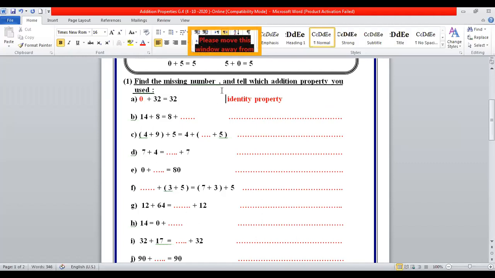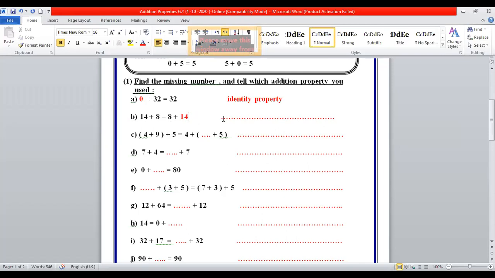B. 14 plus 8 equals 8 plus what? What is the missing number here? 14 plus 8 equals 8 plus 14. 14. We find it on the other side. What is the name of this property?